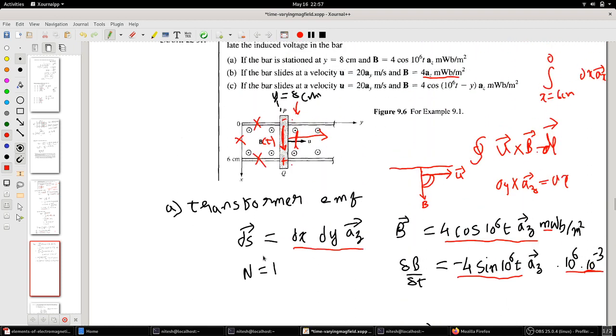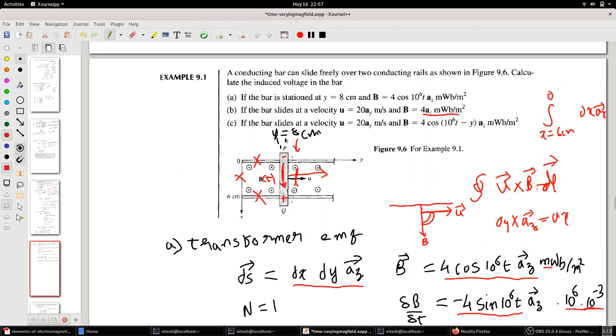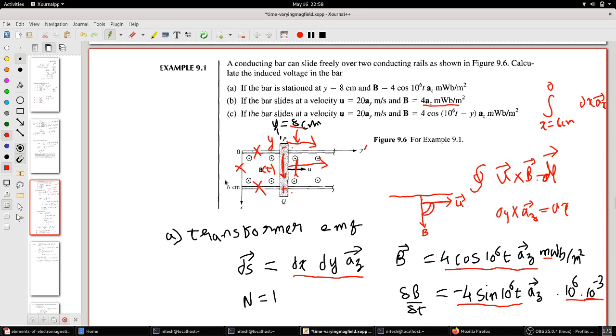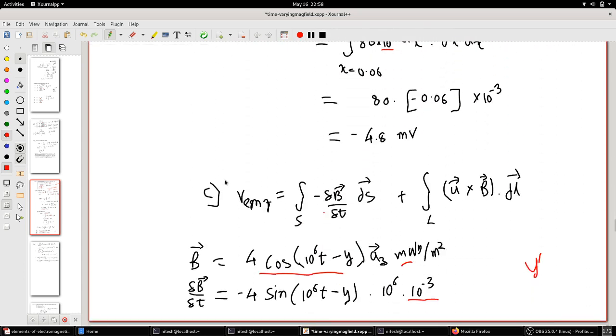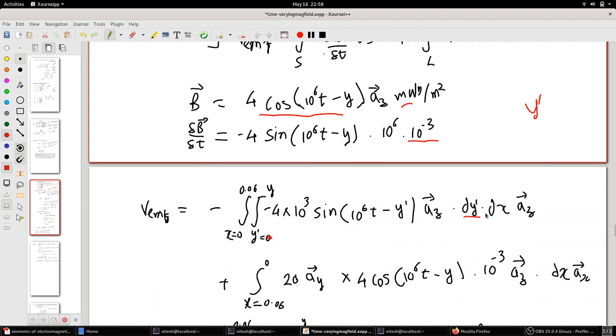Here if you see, initially it was given as 8 centimeters, but now it's no longer there. It's actually moving in this direction. So at any point we'll assume that it is y. So the area will be dy prime into dx, same way as what we had done for the first part, the A part, right? So ds vector will be dy prime dx az.